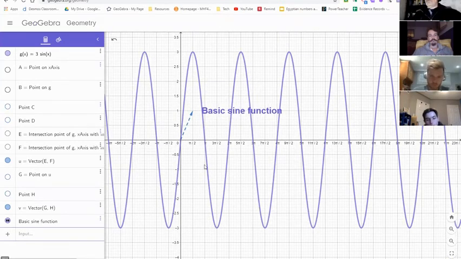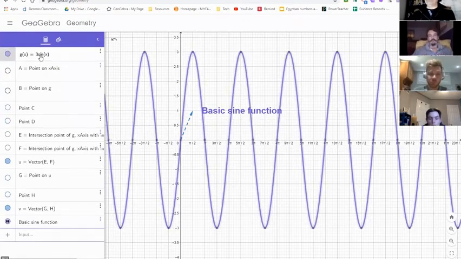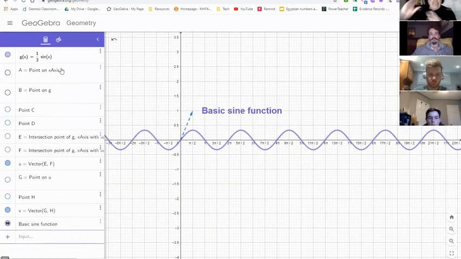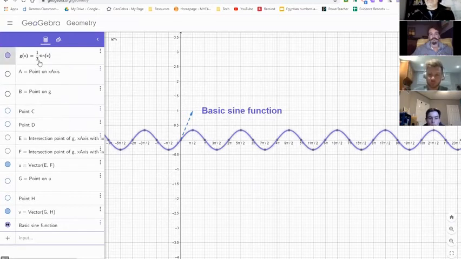In other terms, it would be a vertical stretch. In this case, we are changing the amplitude of this function. Conversely, if I were to change this number and make it smaller than 1, like 1/4 or 1/3, what would happen? Oh, my function gets smaller, right? The amplitude decreases.